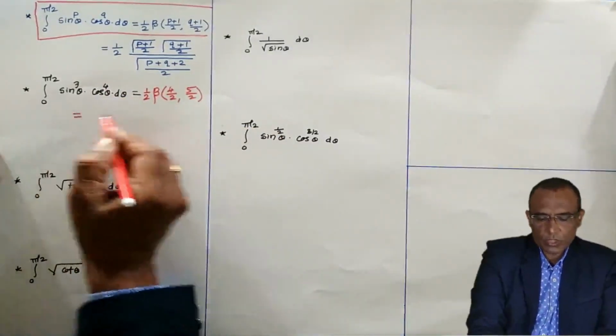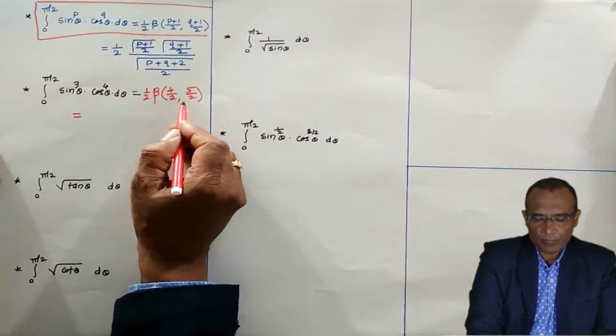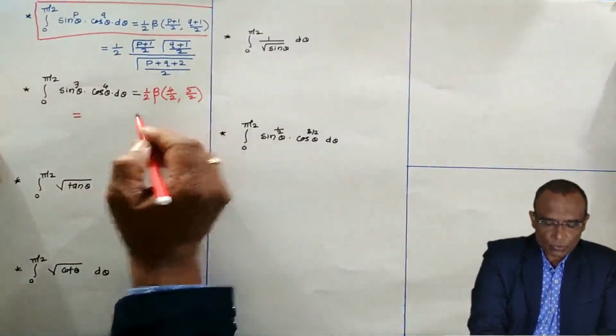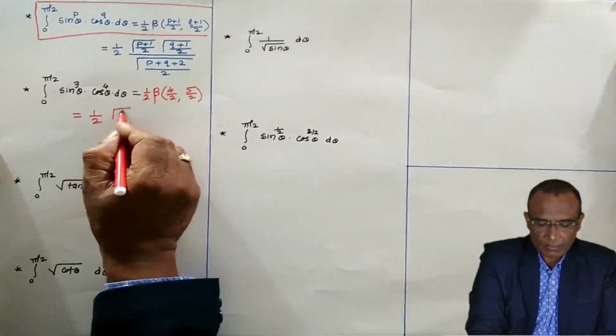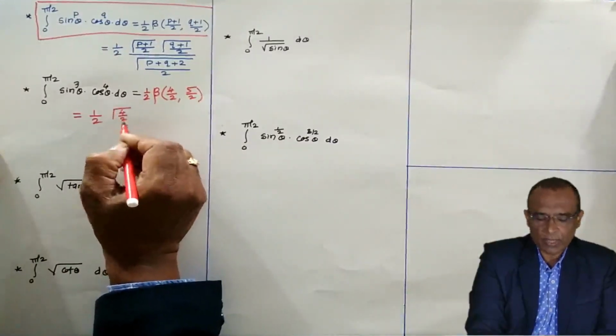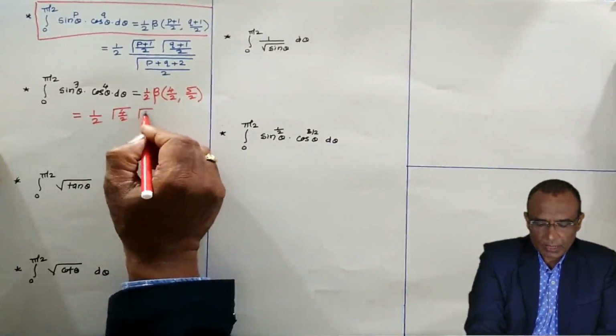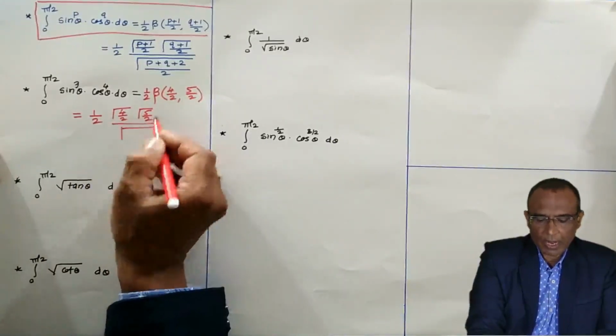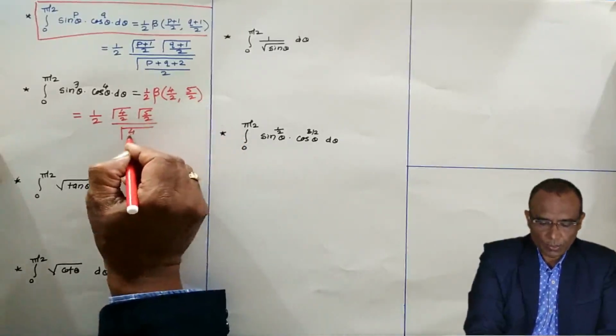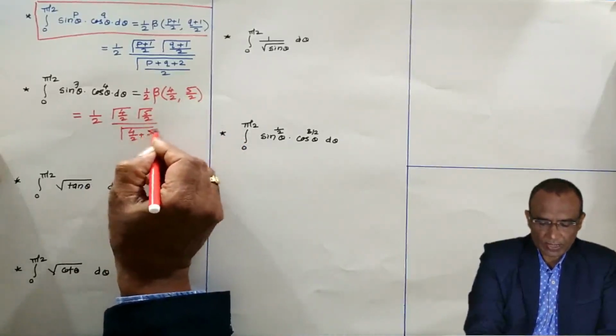Now, this may be given in the option as an answer, and you can solve it further also. Convert the beta function into gamma function: gamma first element 4 by 2, gamma second element 5 by 2, divided by gamma of the addition, 4 by 2 plus 5 by 2, you can directly write 9 by 2 also.